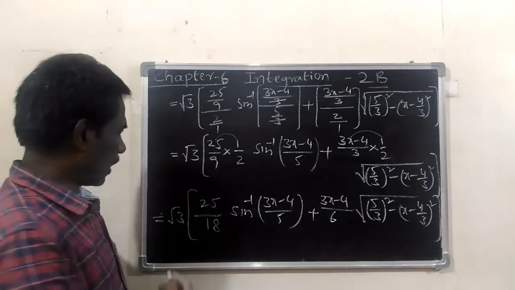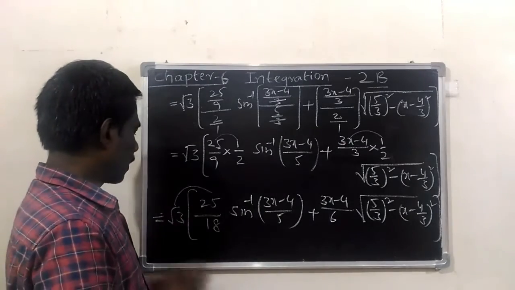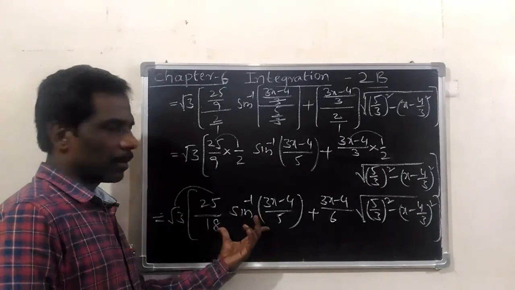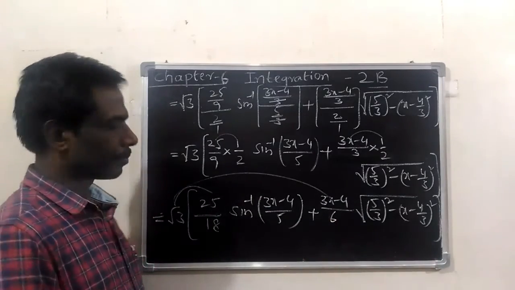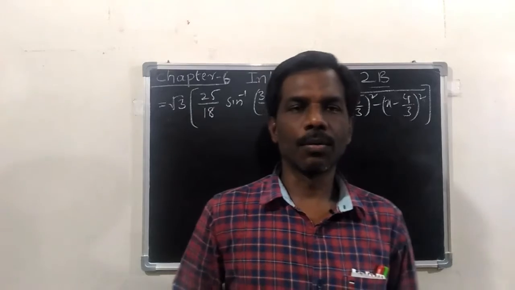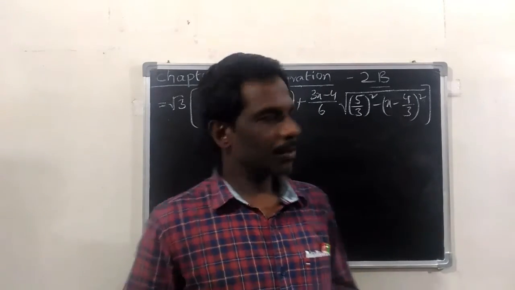And next I am going to take this root 3 inside the bracket. So root 3 is multiplied with this term, and again root 3 is multiplying with the second term also. Now I am going to multiply root 3 with the bracket terms.